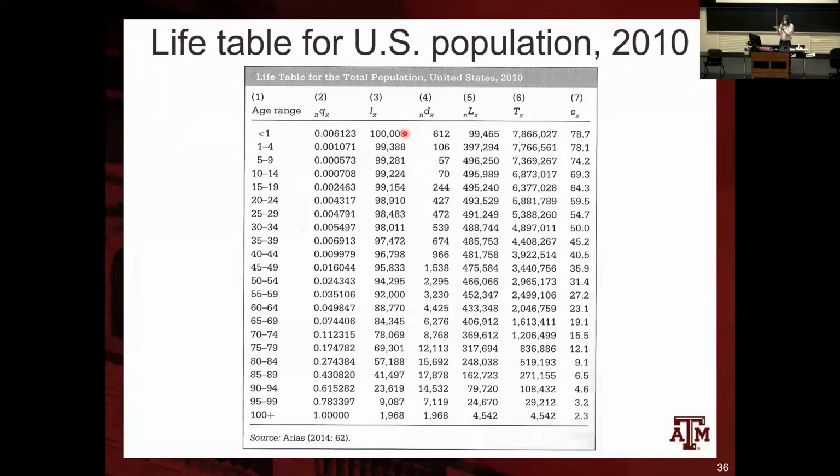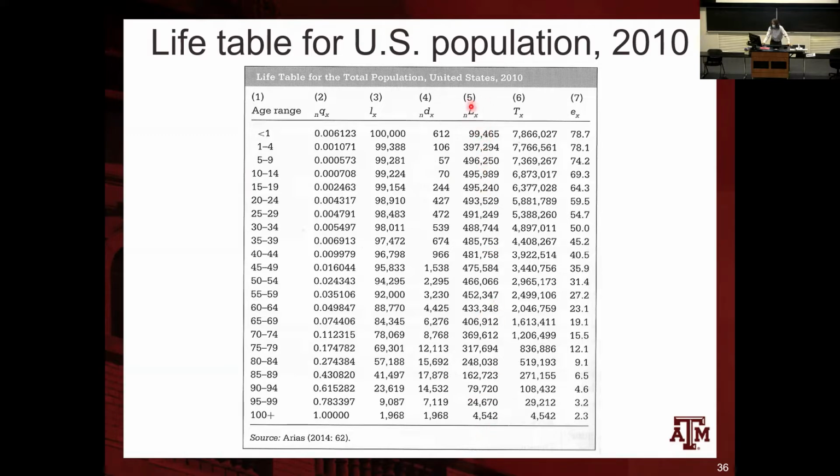How do you get that from the life table? You pretty much get it from column 5. If you take this column here and represent it in percentage terms, you can create a graph with the age-sex structure of the population. So you have to have the life table for men, the life table for women, and you take this number here and divide by the total of this column to get the percentage of people here.